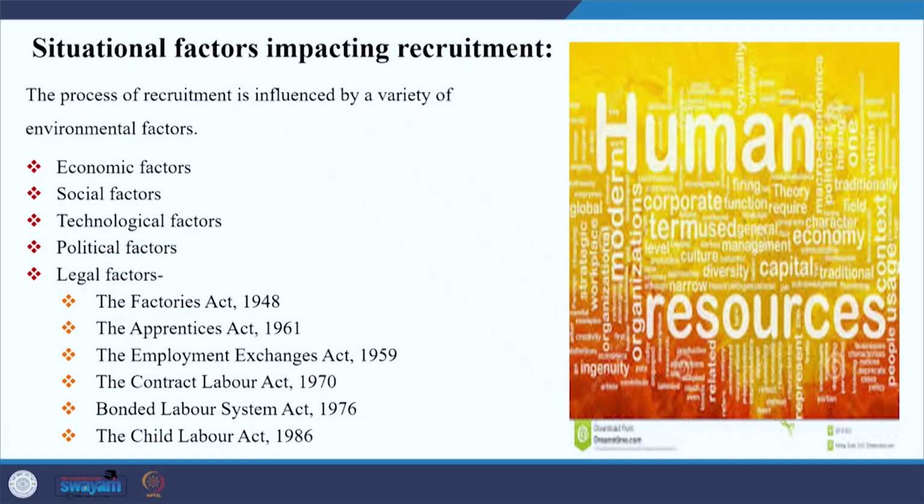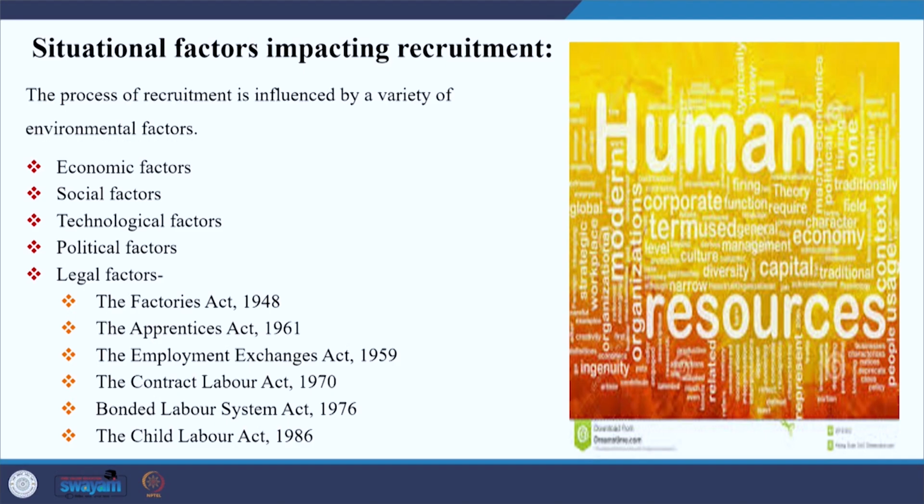Now, what are the situational factors impacting recruitment? As I already mentioned, economic factors, social factors, technological factors, political factors and legal factors, the SPELT approach. Under this process in India, we find different acts, for example the Factories Act, the Apprentice Act 1961, the Employment Exchange Act, and the Contract Labour Act 1970, because the number of employees on contract, appointed through a contractor, is increasing, and therefore this Contract Labour Act also becomes very important.